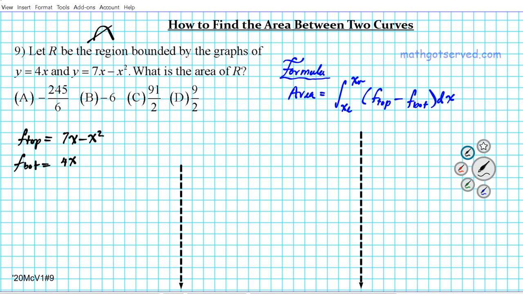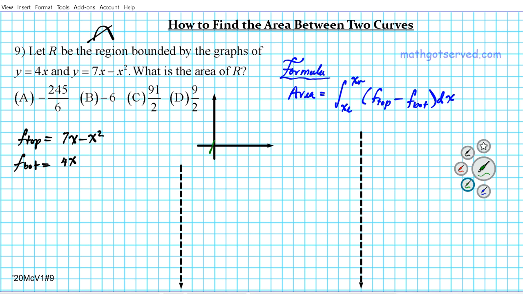Let me just give you a visual of what we're talking about. Some of you might be able to visualize it in your head, which is excellent, but let me just give you a visual. It's just a rough sketch.